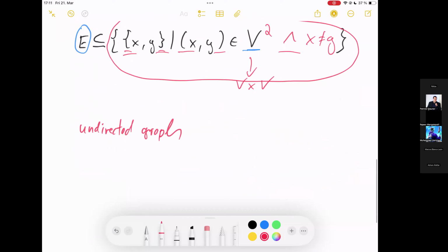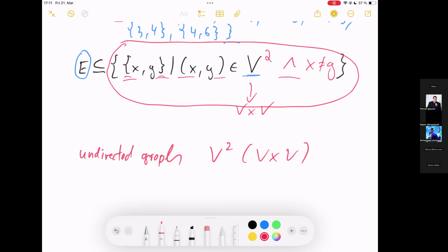And one question was again about the V squared. So remember, V squared is the Cartesian product of V with itself. It gives us all the possible connections, but all of these possible connections are directed because they are tuples, and we want to convert these tuples into sets so there's no direction. But we only take the tuples for which x and y are different.